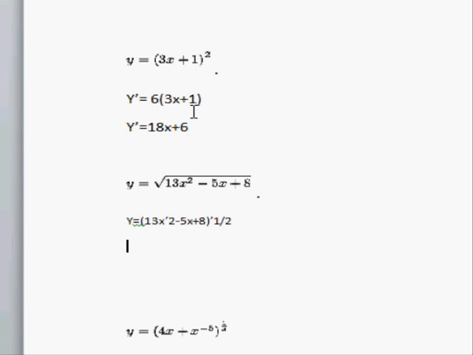We take down the 1/2 times what is in the parentheses, which is 13x squared minus 5x plus 8, close parentheses. 1/2 minus 1 is equal to -1/2, so it is raised to the -1/2, times the derivative of what is inside the parentheses, which will be 26x minus 5.